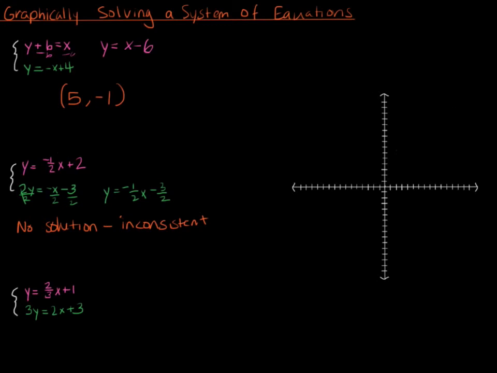Okay, let's look at this last possibility. So we have y equals 2/3 x plus 1. So 1 is our y-intercept, and then we go up 2 over 3. And let's put our line right here.